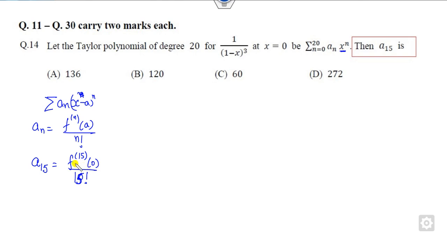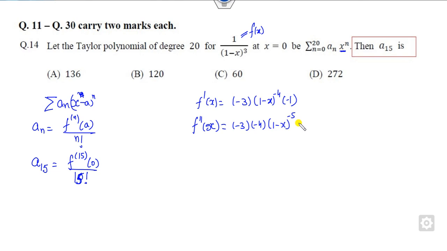So the only thing we have to do is calculate the 15th derivative of this f(x), and again it's very simple. If you take the first derivative of this, it will be minus 3, 1 minus x to the power minus 4, times minus 1. If you take the second derivative, it's minus 3, minus 4, 1 minus x to the power minus 5, times minus 1, and so on.